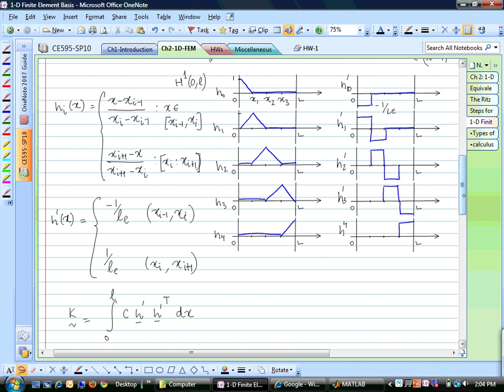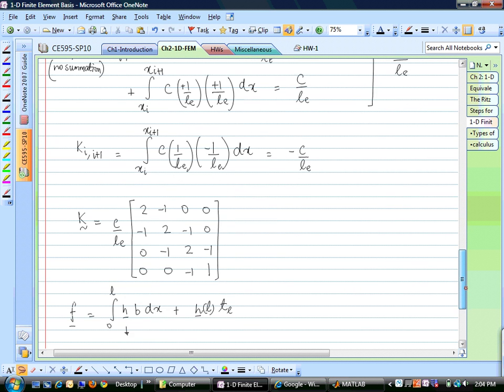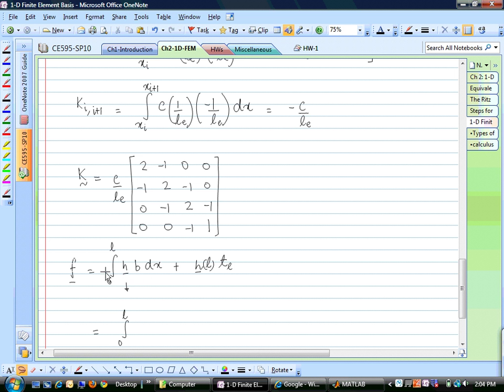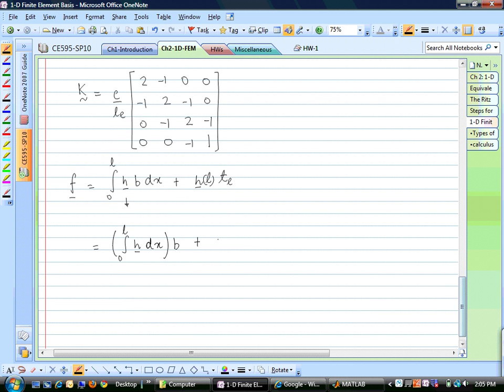Okay, so since the body force B is a constant, I can take this body force B out of the integral, and all I'm trying to integrate here would then be H vector dx, body force is out common, and this vector would be the same H vector, the shape functions evaluated at L, and TL.